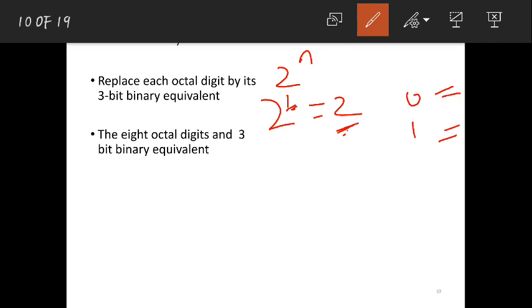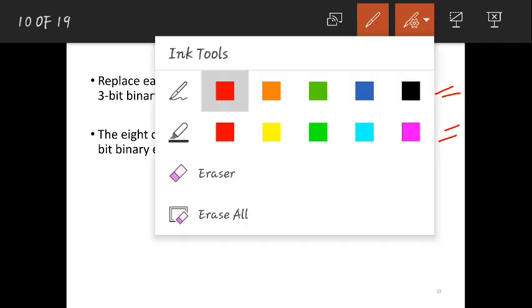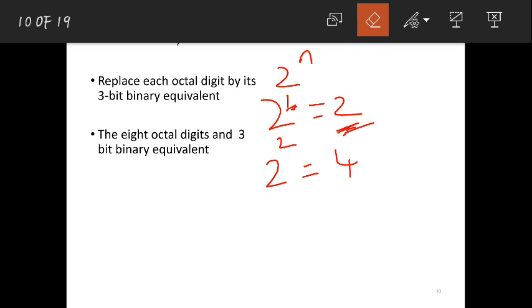How many numbers can I write here? 2. Same way, 2 to the power of 2 is nothing but 4. That means the number of bits is 2, so one symbol can have 2 bits.